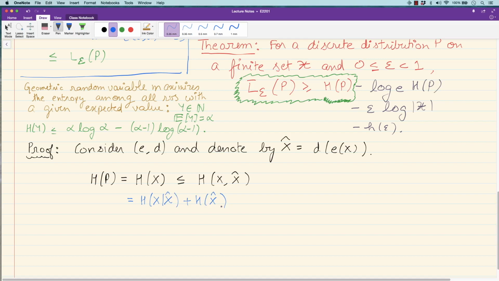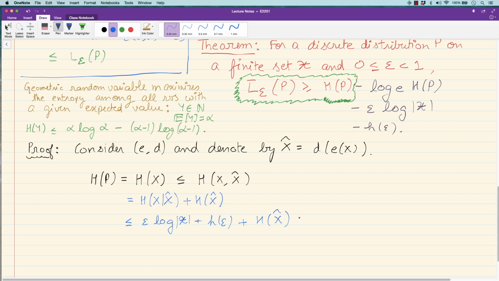These are standard steps that we have seen in the use of Fano's inequality. We basically want to replace entropy of x with the entropy of its estimate. So the first term here by Fano's inequality is less than epsilon log cardinality of x plus binary entropy of epsilon plus h of x hat.